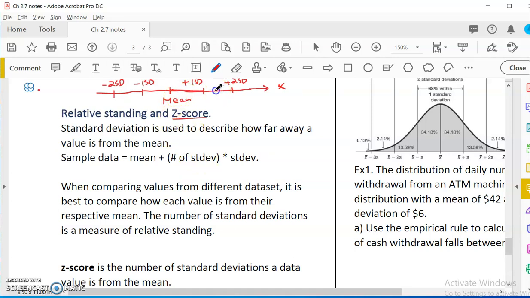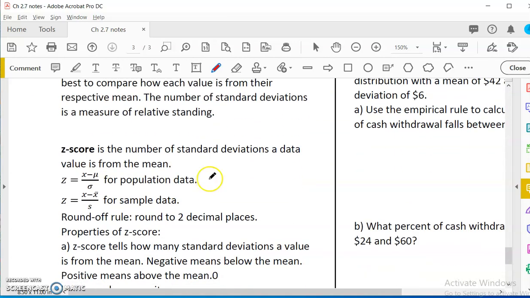If my data is here, say for example 1.4 times the standard deviation, you would say my data is at the mean plus 1.4 standard deviations, right? So this number tells how many tick marks it is. It's 1.4 tick marks. That is the Z-score.